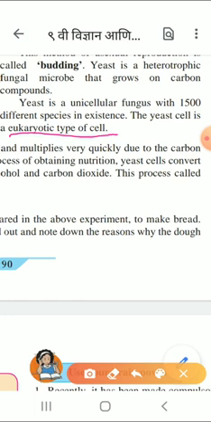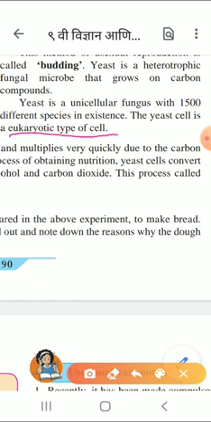So due to the presence of carbon compounds in the sugar, the yeast multiplies and forms buds. Now, in this process of obtaining nutrition, each cell converts the carbohydrate in that solution into alcohol and carbon dioxide as byproducts. So, this process is called fermentation.